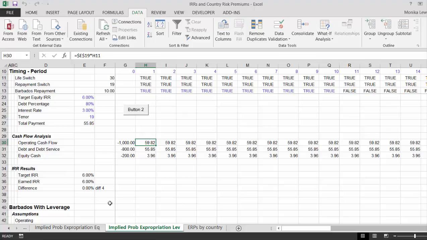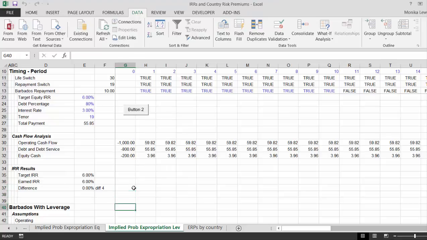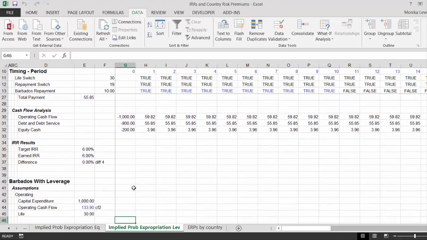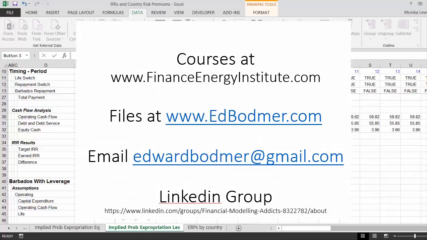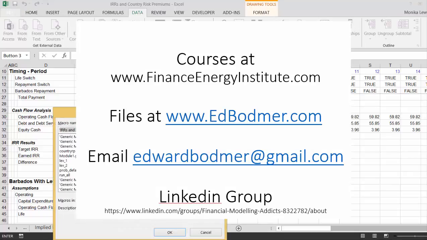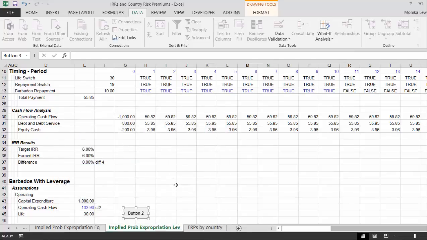Same sort of difference. Copy this one. So our second button. Then we assign this to what we're going to do now.